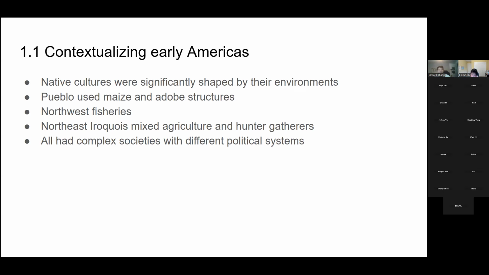And then the Northeast, like the Iroquois, they mixed agriculture with hunter-gathering because they had a lot of forested land, but they also had a lot of mountainous land with a lot of creatures. So that made it easy for them. And all of these societies had complex and different political systems, and they were always shaped by their environment. That's one thing that you need to take away from this unit.